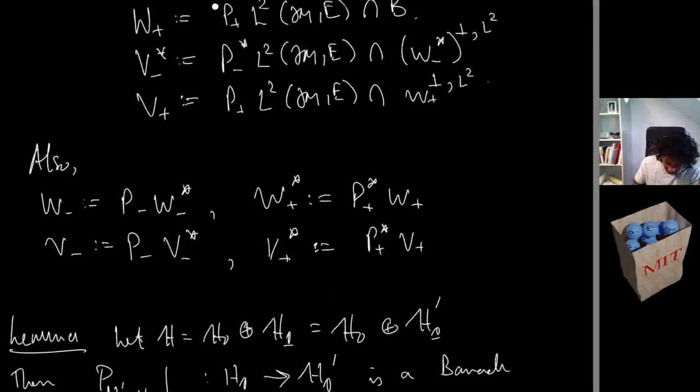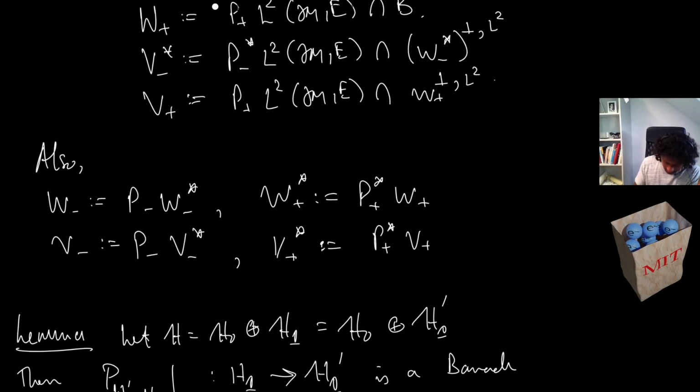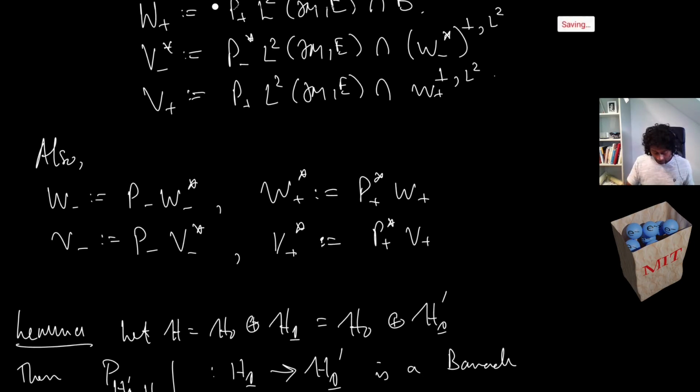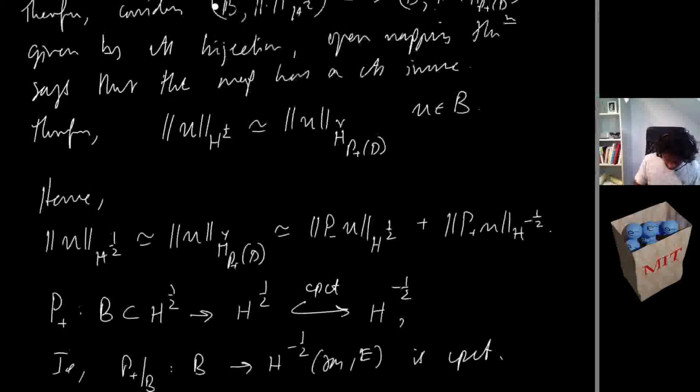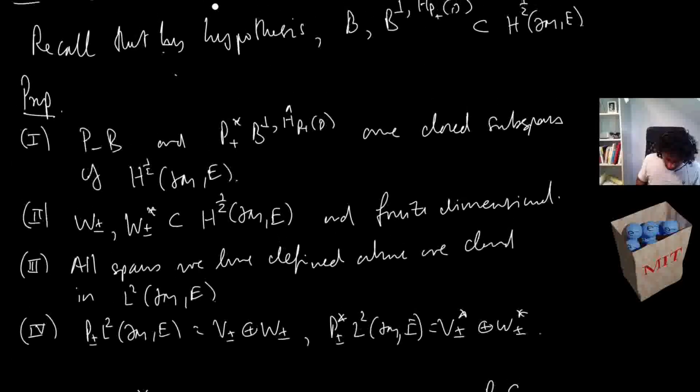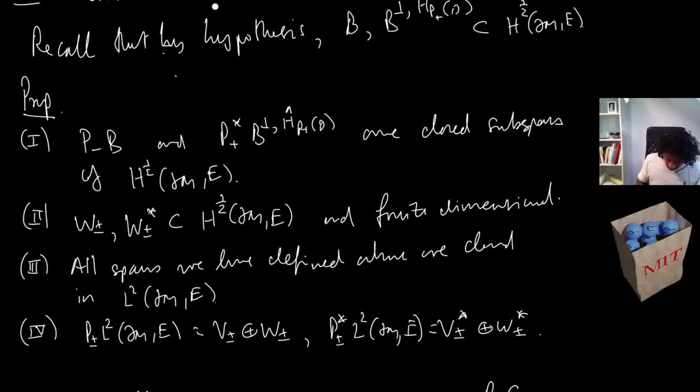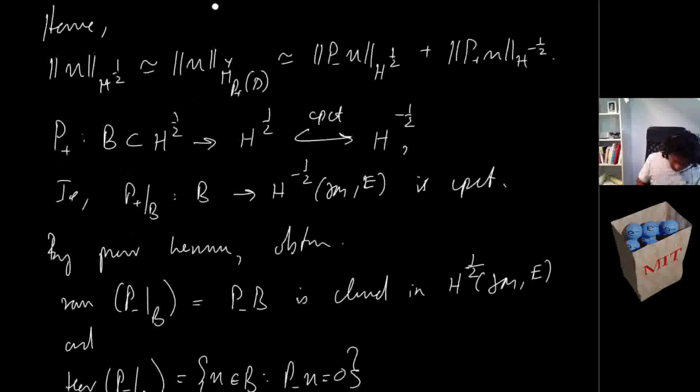So we have to really connect these V minus, V plus, V minus star, V plus star spaces with the remaining parts, right? We can see from the construction that the largest piece of the boundary condition B is going to be contained in the P minus B and the P plus star B annihilated. So we need to connect this somehow with the V spaces, and that's what the next proposition gives us.